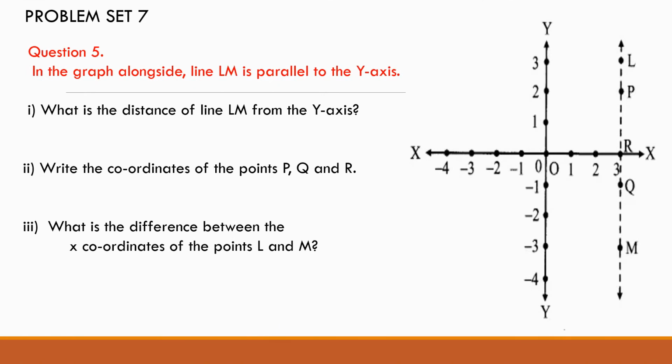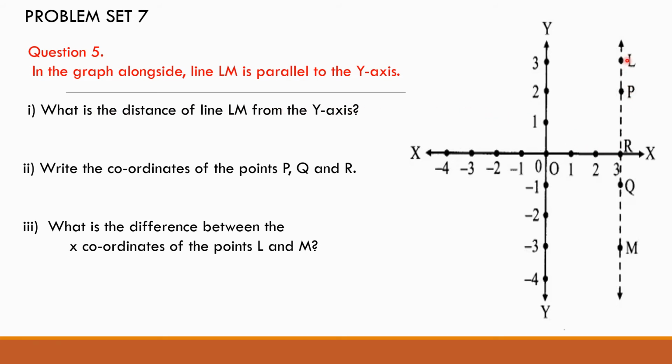Question number 5. In the graph alongside, line LM is parallel to the y-axis. The figure is already given. You have to answer the following questions based on the figure. First question: what is the distance of the line LM from the y-axis?